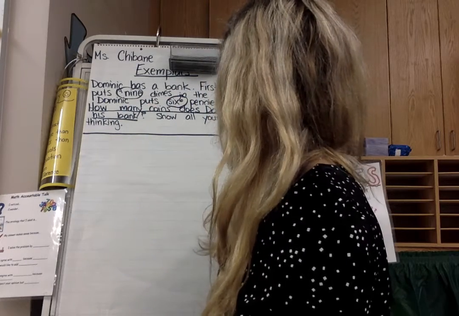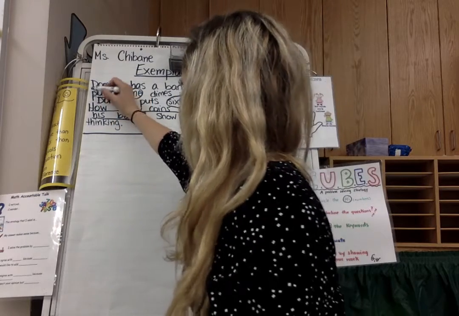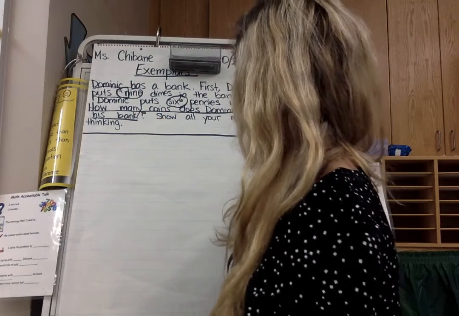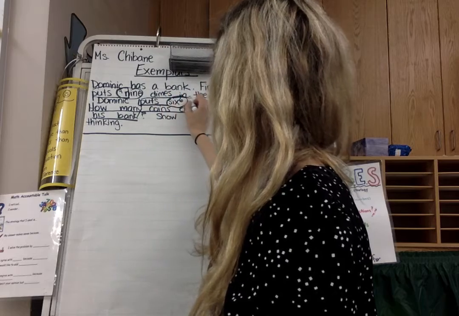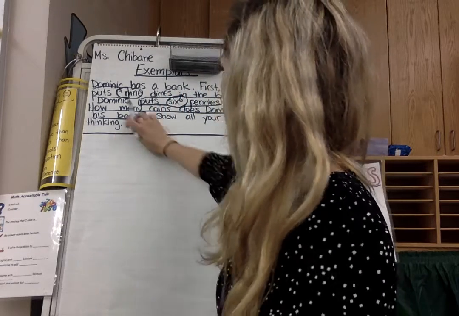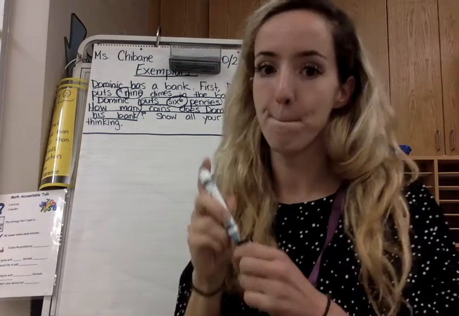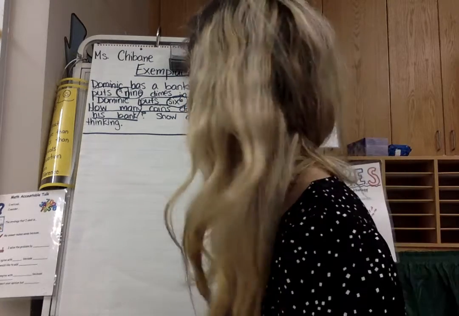Well, first he put some, so I know he puts 9 dimes. And then, next, he puts some more coins in the bank. How many coins does Dominic put in his bank? These are a little bit tricky and different from the math keywords that we're used to, right?